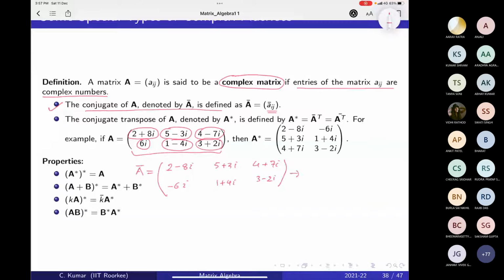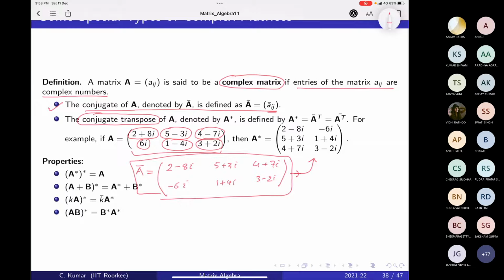So this is the first definition, the first sub point here. Now the transpose of the conjugate is known as the conjugate transpose. So this is my conjugate matrix, and if I take the transpose, this is denoted by A star.